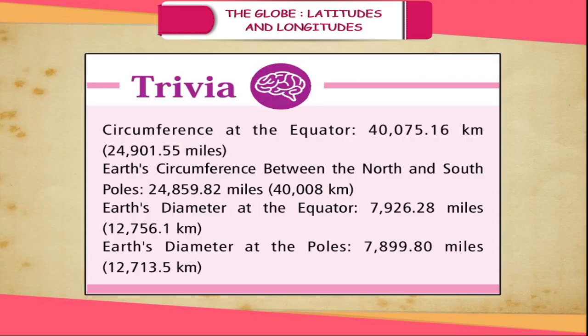Trivia. Circumference of the equator: 40,075.16 kilometers, 24,901.55 miles. Earth's circumference between the North and South Poles: 24,859.82 miles, 40,008 kilometers.